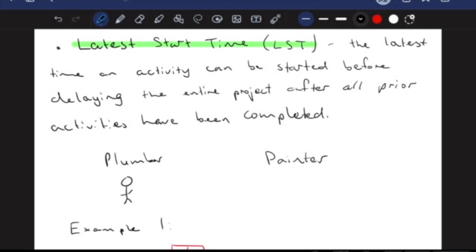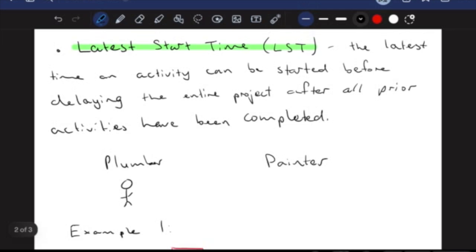The painter requires the plumbing to be done, but let's say they are coming at 1 p.m. As the plumber, let's say the earliest start time is whatever the project entails, but the plumbing job takes 3 hours.